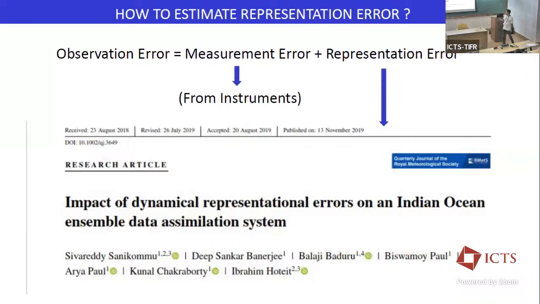This is one work where we estimated the representation errors of temperature and salinity in an ocean, and I'm going to tell you how we did that. I'm also going to tell you about another method where some other group has estimated the representation error in a different way.